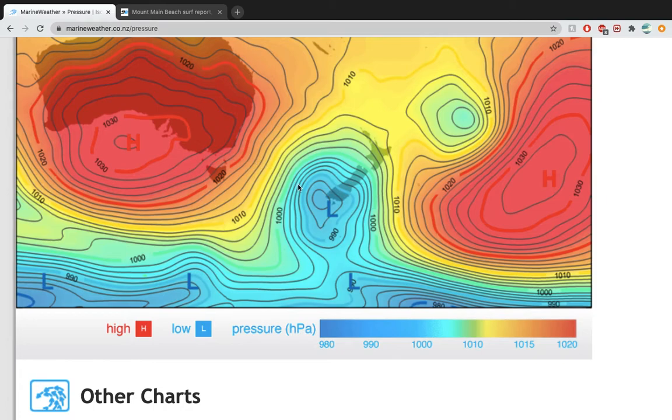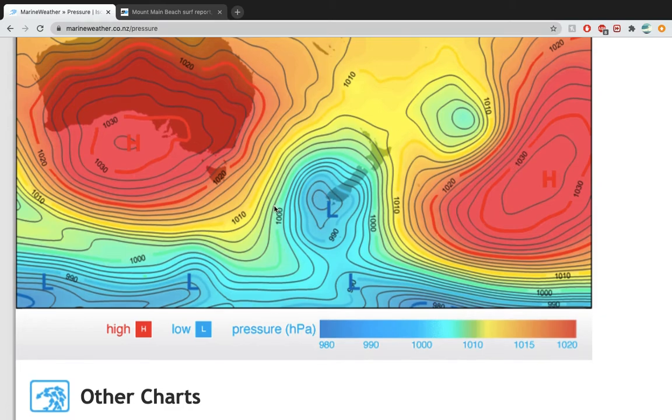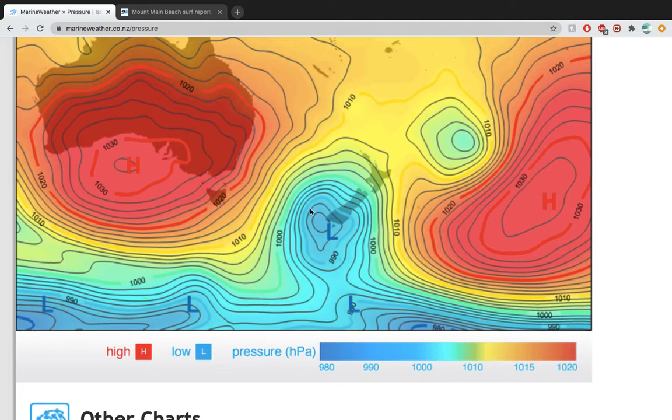If you've got closer lines, that means the pressure gradient, or the steepness of the pressure difference, will be greatest where the lines are closest together. So that means that the wind in this particular location is going to be stronger.